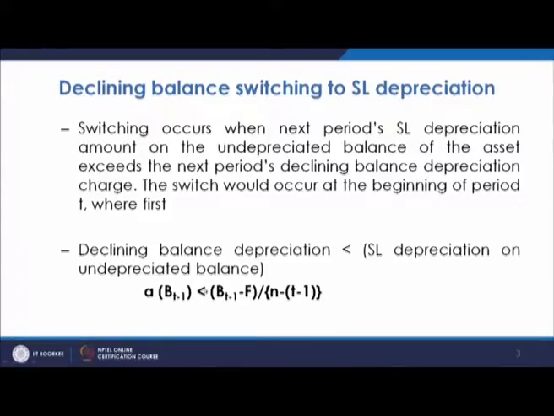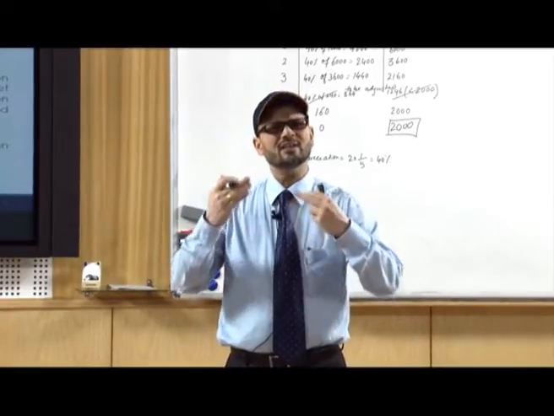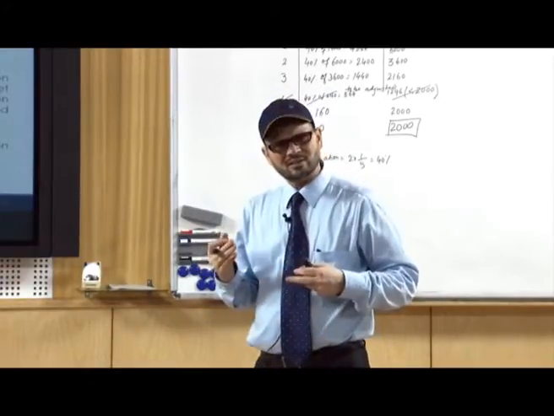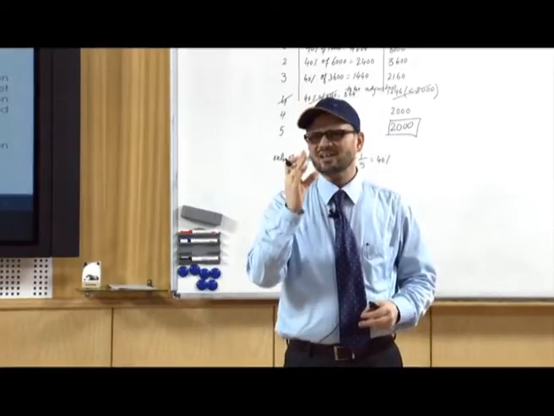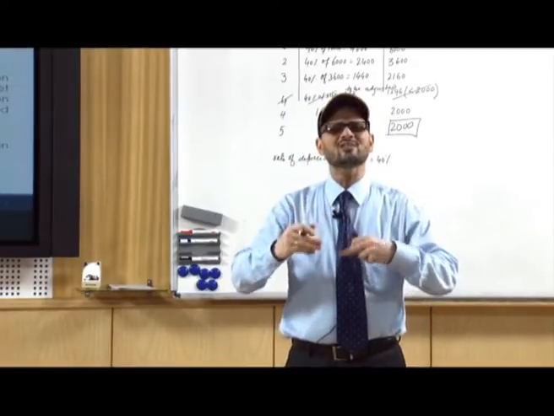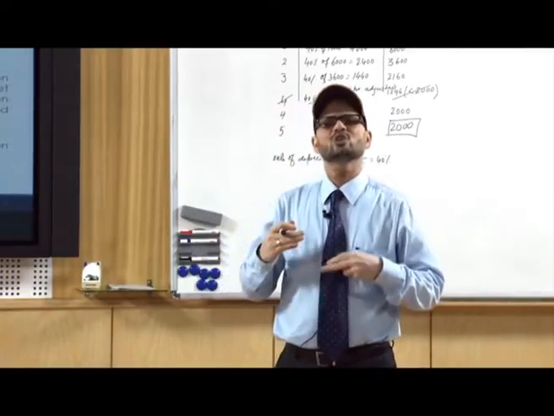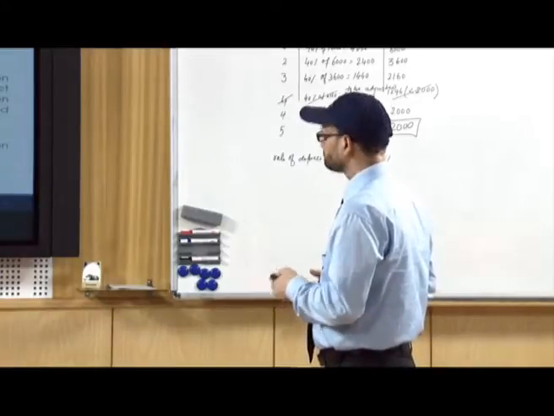So, you have to calculate the depreciation charge using the declining balance method as well as using the straight line method, and at the time you see that the straight line method of depreciation gives you larger value of depreciation, you have to switch. So, this is known as switching method to straight line depreciation type.